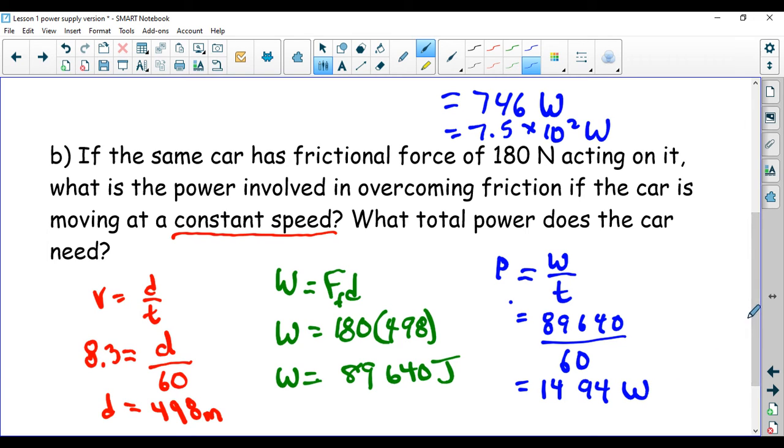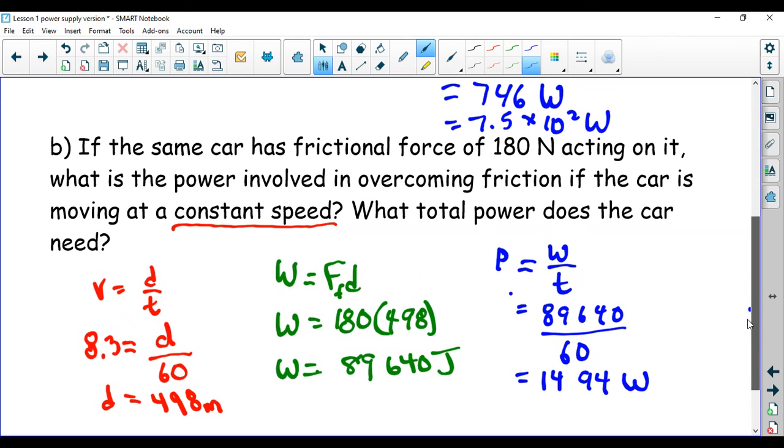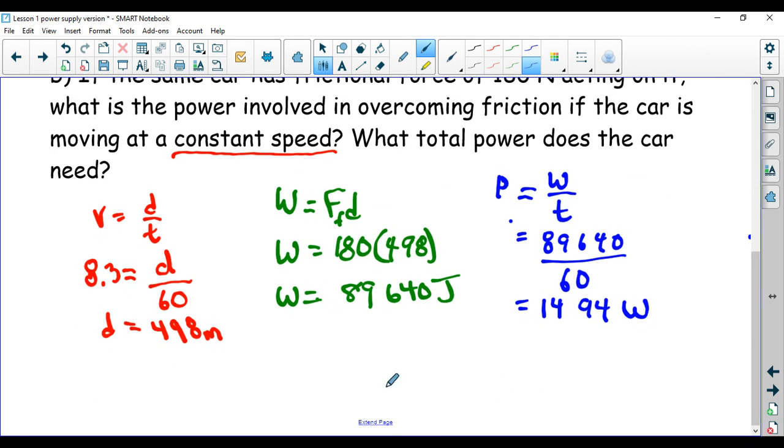Now you'll notice I didn't round that number, and I'm going to find the total. To find the total, I'm going to take my 746 from part A, and add it to my 1494 I just found, and get my total. And that's the thing I'm going to round.